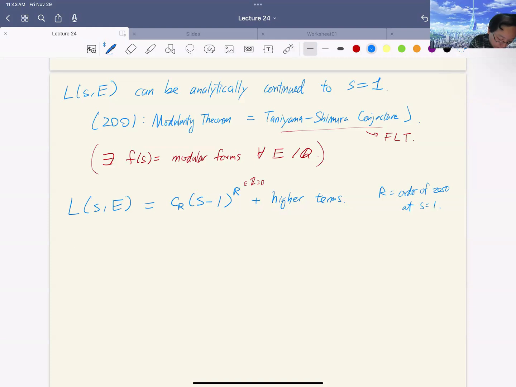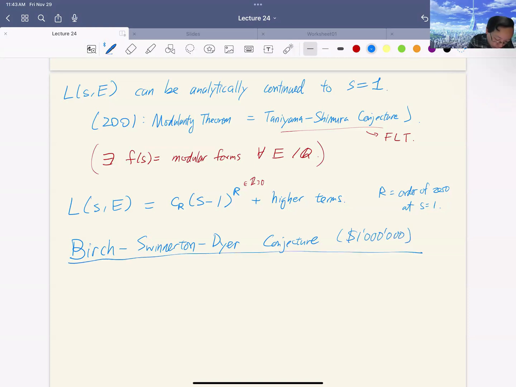And now you can solve the Birch and Swinnerton-Dyer conjecture for the $1 million by showing that r equals R. That's the statement. So this big R, again, is called the analytic rank.